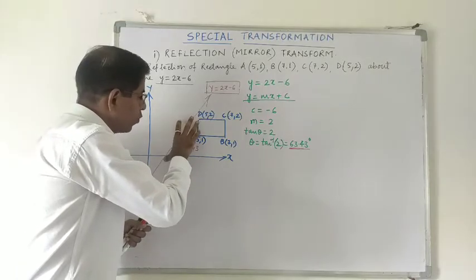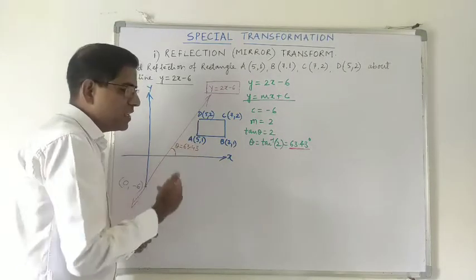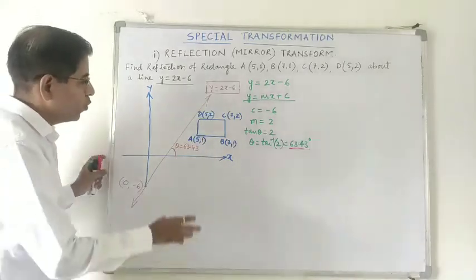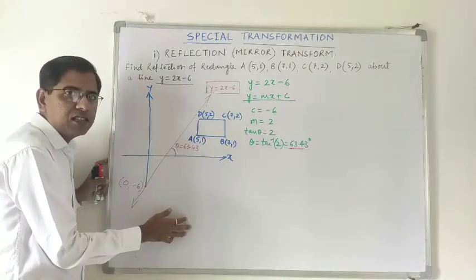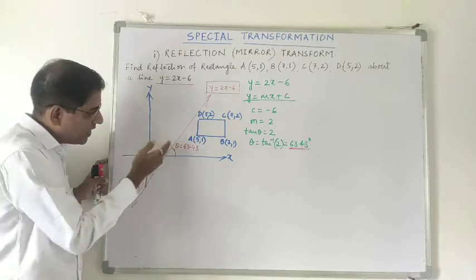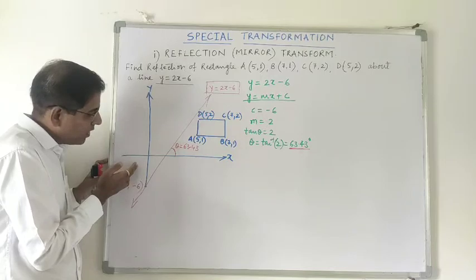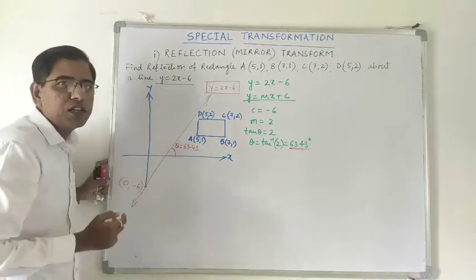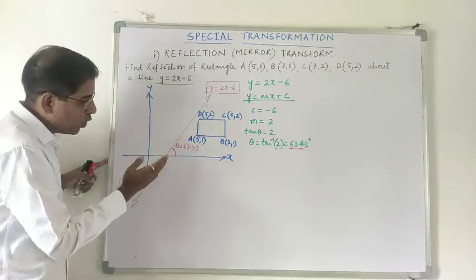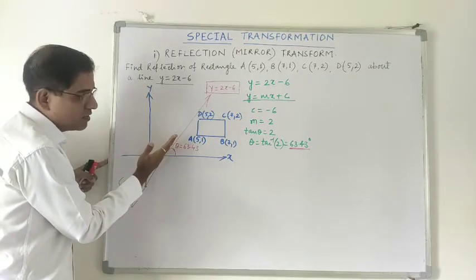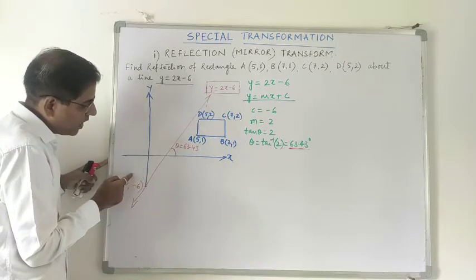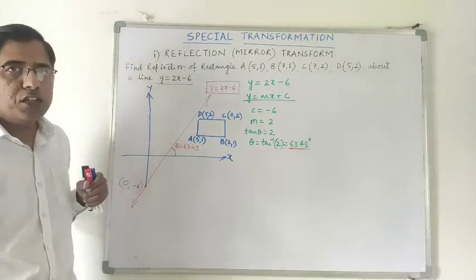To coincide this line with, say, the x-axis, first we have to translate this line so that it passes through the origin. Here this line is not passing through the origin. So our first job is to translate this line so that it passes through the origin.